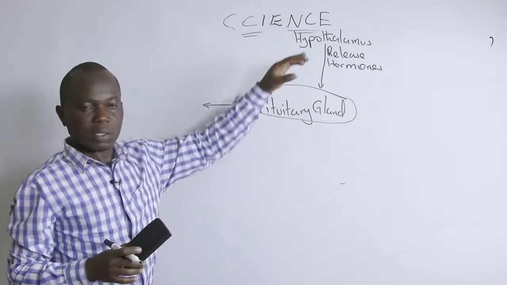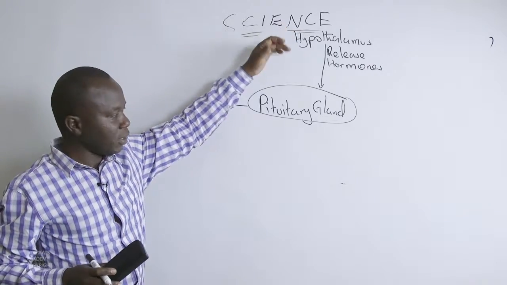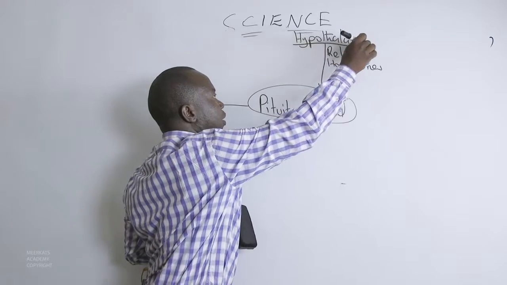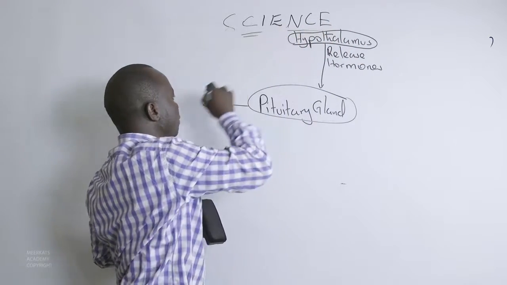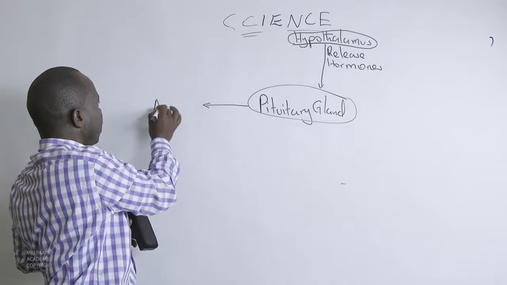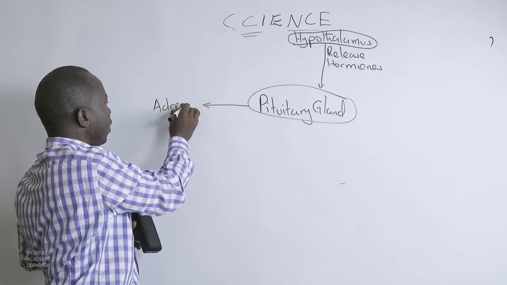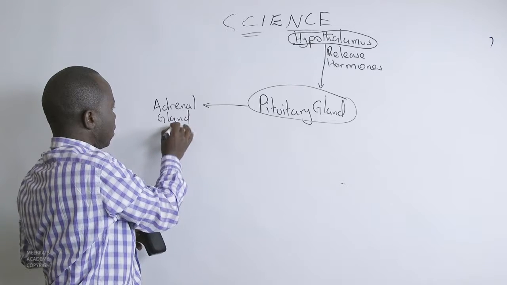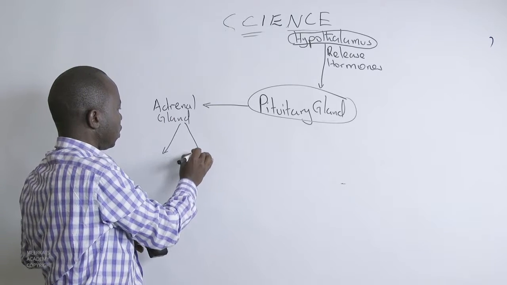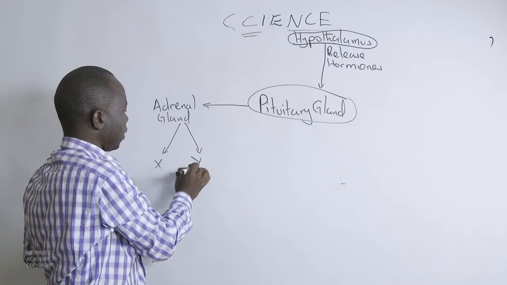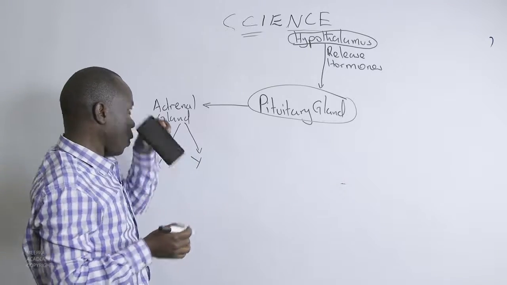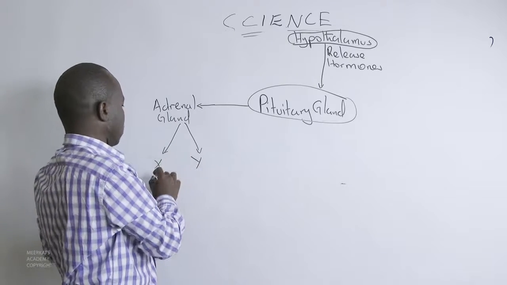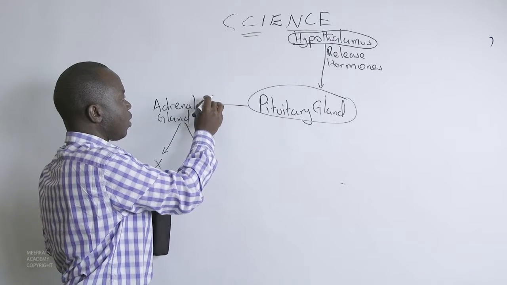So there's a coordination between the nervous system and the endocrine system via hypothalamus. Then we have here adrenal glands. We have 2 hormones, X, Y. And then we have another hormone here.